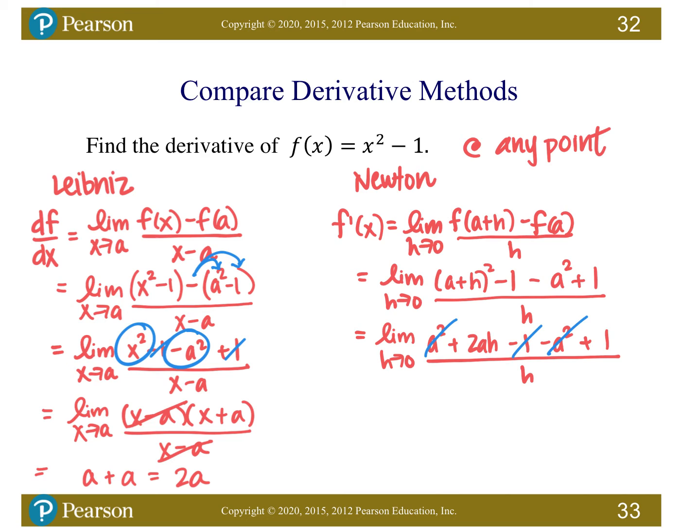The minus 1 cancels out with the plus 1. We have 2ah over h. 2ah is all that was left over h. Those h's reduce, leaving me with nothing but 2a. So I get the exact same thing.